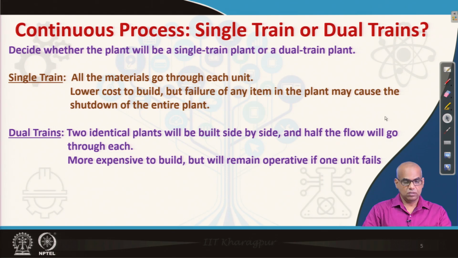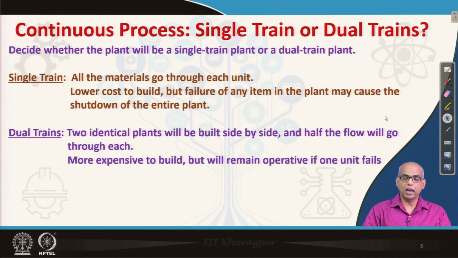For dual trains, there will be two identical plants built side by side, and half the flow will go through each. It will be something like two trains in parallel. So, obviously, it will be more expensive to build, but one unit will remain operative if the other unit fails.